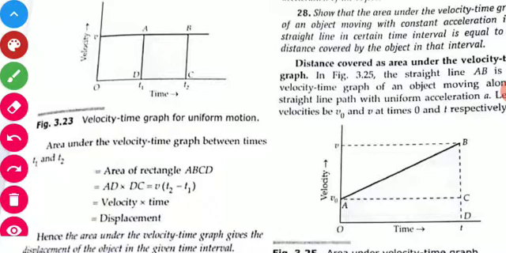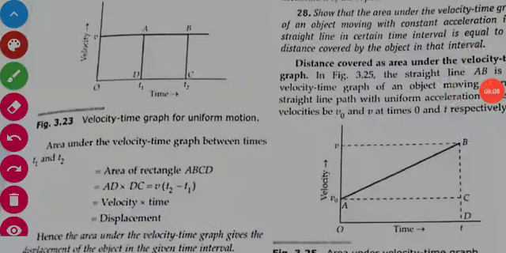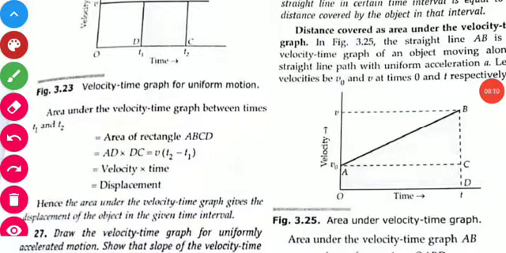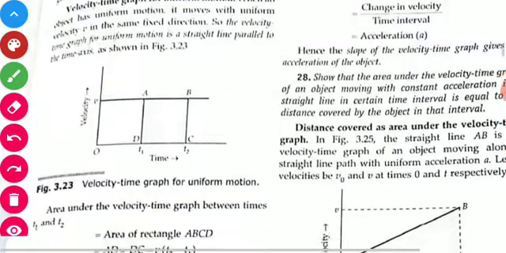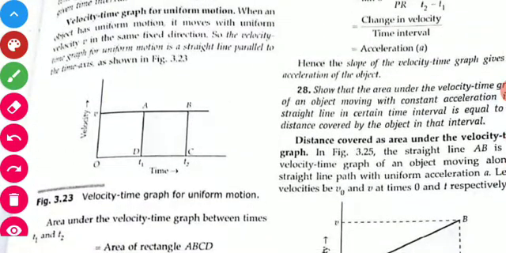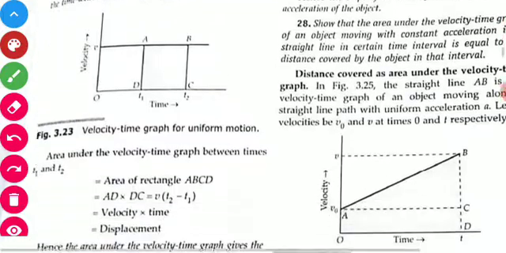Here AD gives us velocity and DC gives us time. Velocity into time is displacement, we know. Hence we can say that the area of a velocity time graph gives us the displacement.